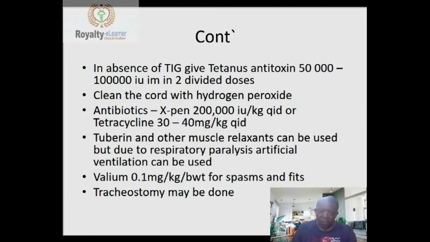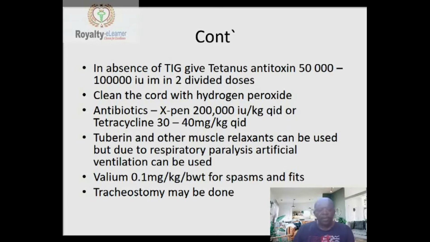Tetracycline, 30 to 40 milligrams per kg body weight, QID, is also one of the drugs that can be given, but it is mostly indicated for adults, since in children it may cause the teeth to become discolored or dented. They start having a strange color. Muscle relaxants can be used, but due to respiratory paralysis, artificial ventilation may be needed.